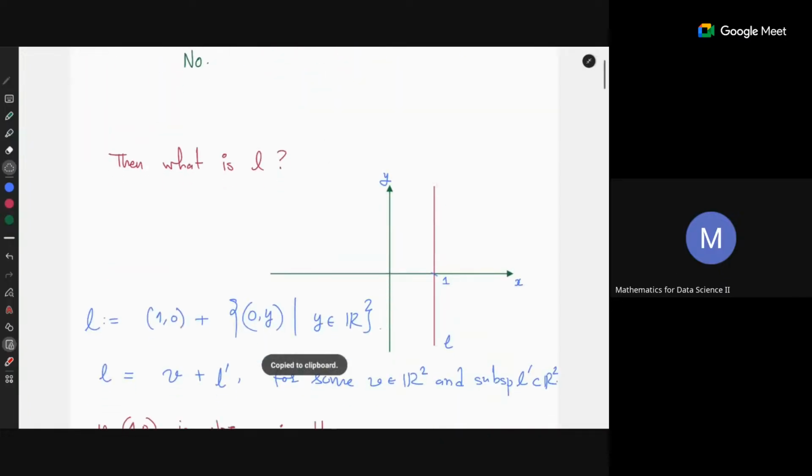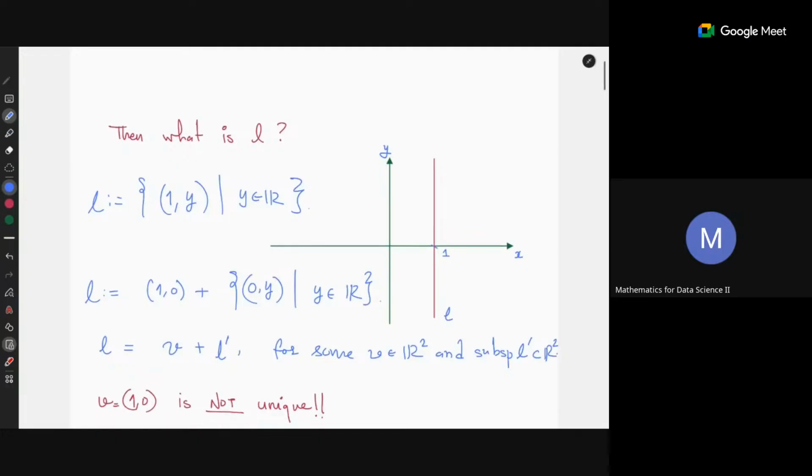This is the definition of the line that we have drawn in red on the xy plane, parallel to the y-axis. Now I can think of this as a translated version of the y-axis. You can think that it is the vector (1, 0) plus something. If I take the (1, 0) vector out, then it is just the y-axis.